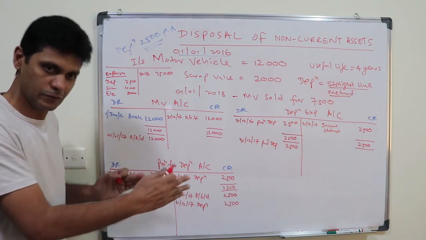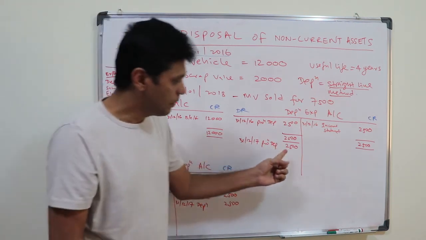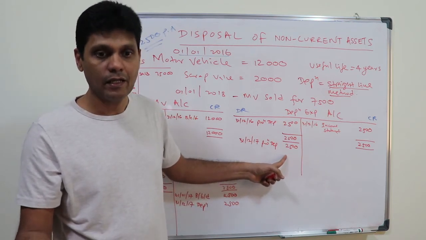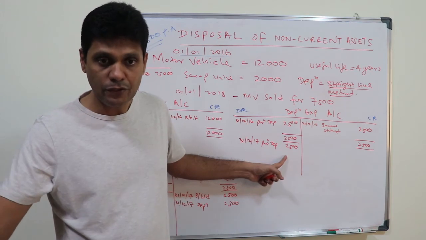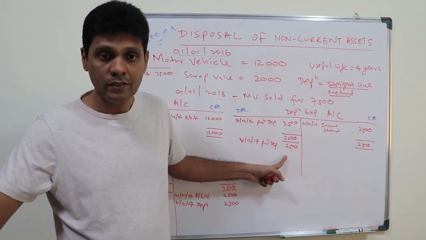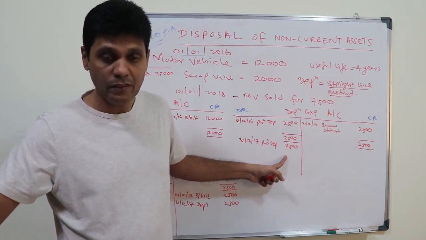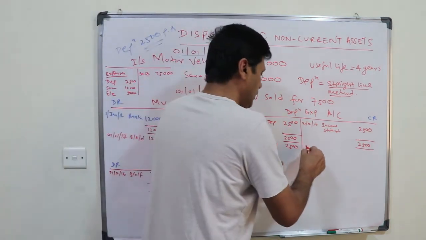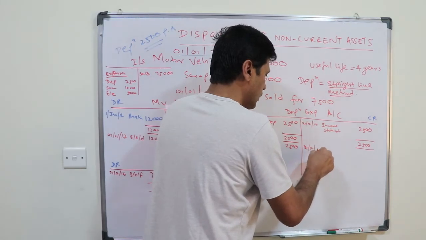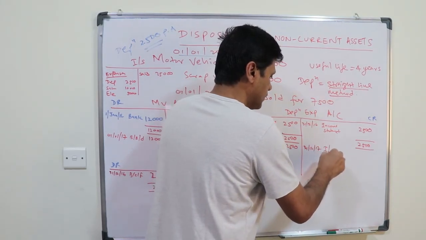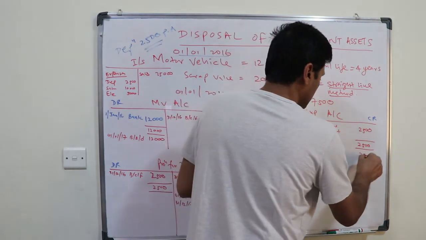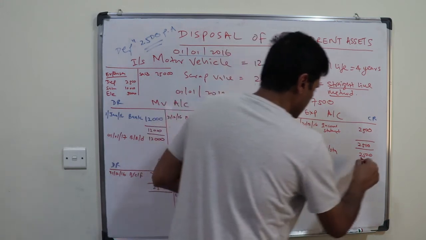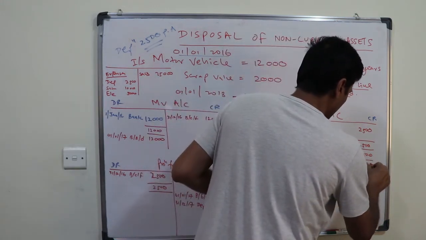Then what you need to do is close the books. Depreciation expense, where will you transfer it? To the income statement, to calculate the profit or loss for the business for the period of 2017. So 31st December 2017, income statement 2,500, and thereby this account will be balanced.